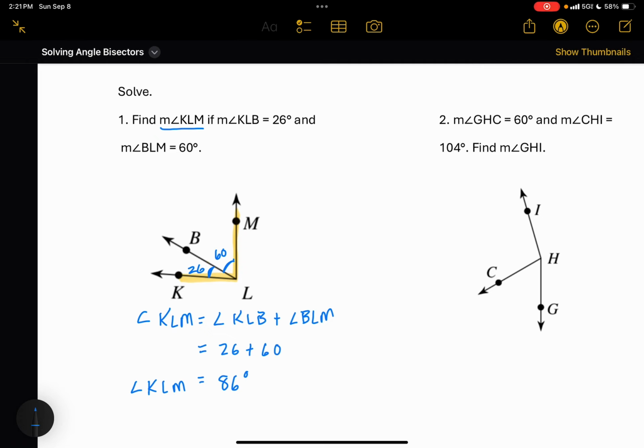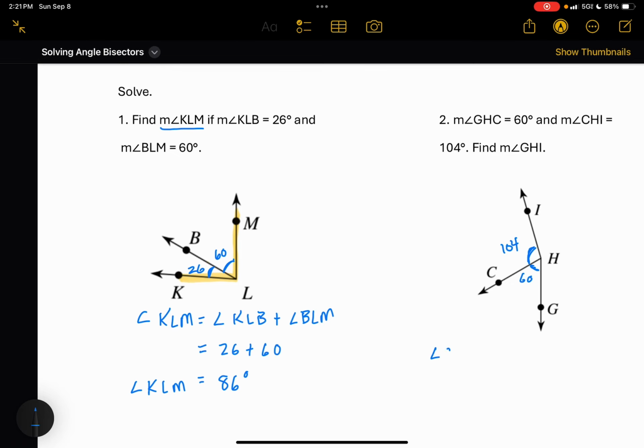All right, let's look at number 2. Same idea. I want to set up what I know, right? So it says the measure of angle GHC, so this one right here, is going to be 60. And it says the measure of angle CHI, so that's this one over here, is going to be 104. And we want to know the whole thing.